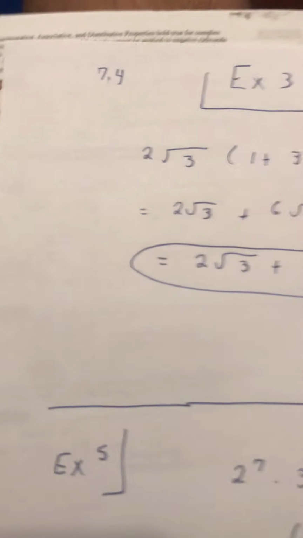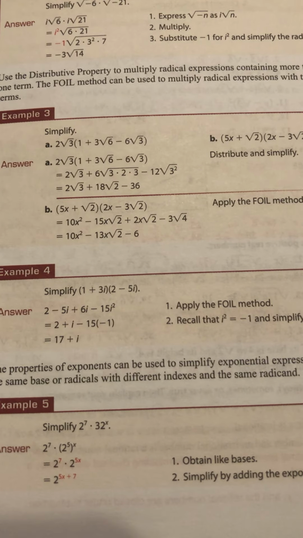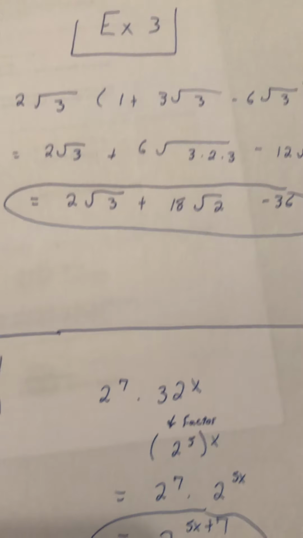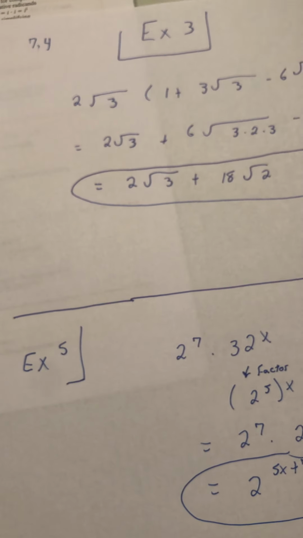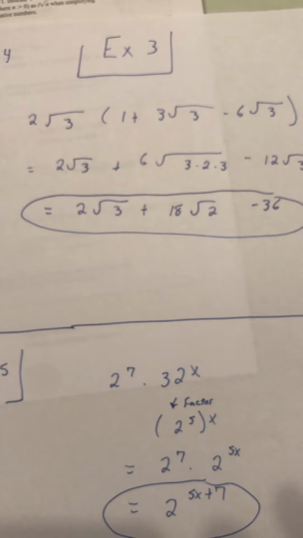All right, example 3. I'll let you guys look at theirs, what we're given. So basically what I did here is I factored everything out. We're trying to find terms that we can combine.